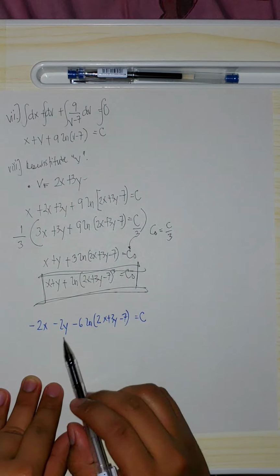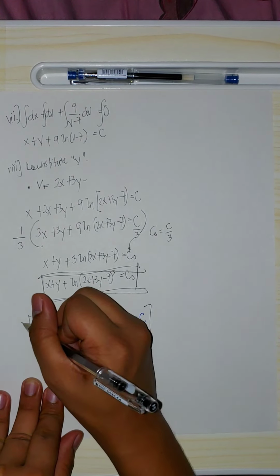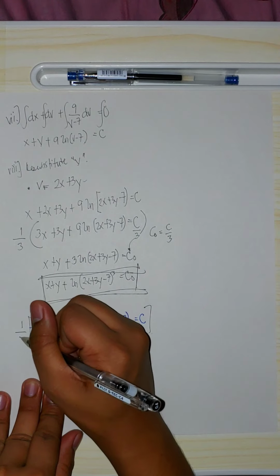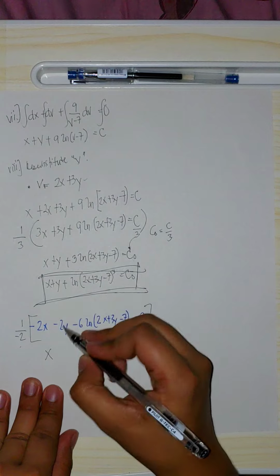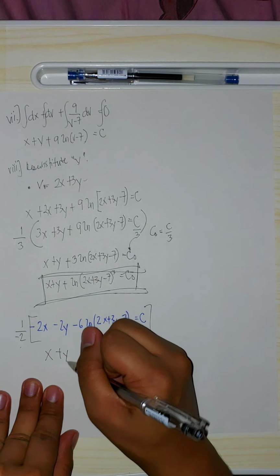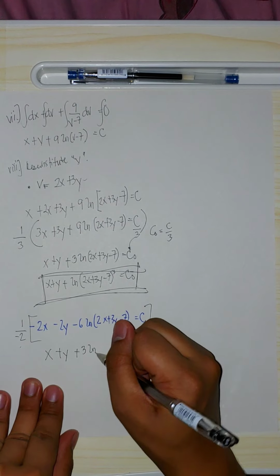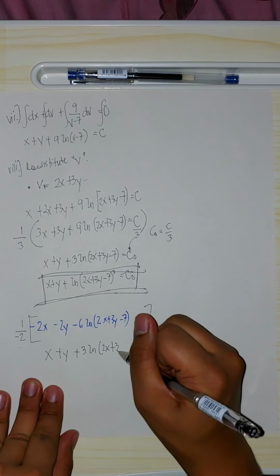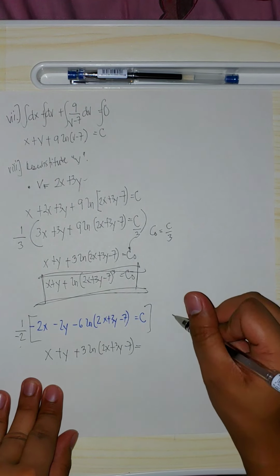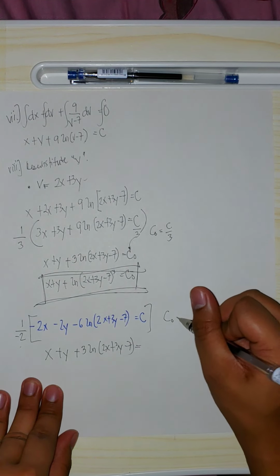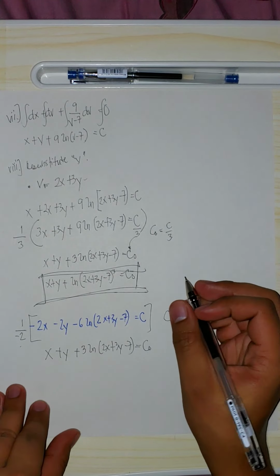How about the result in the module? If you divide or multiply this whole equation by negative 1 over negative 2, this becomes x plus y plus 6 divided by 2, that is 3 ln (2x plus 3y minus 7) equals, on this side we have c over negative 2, so we have c naught here.